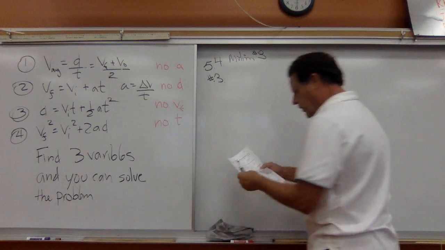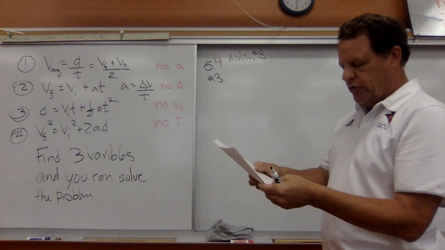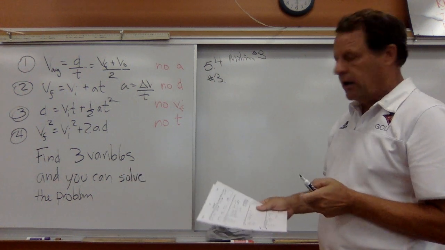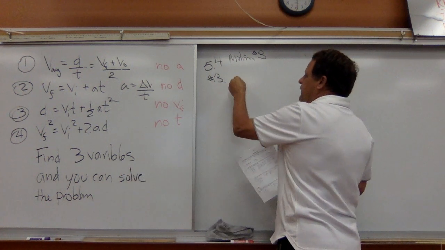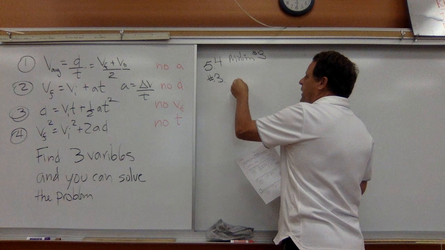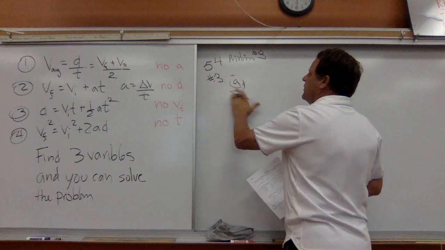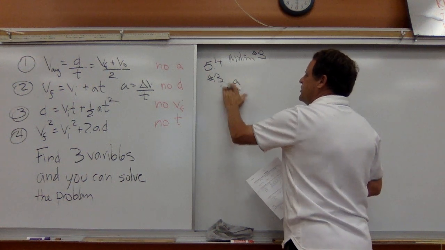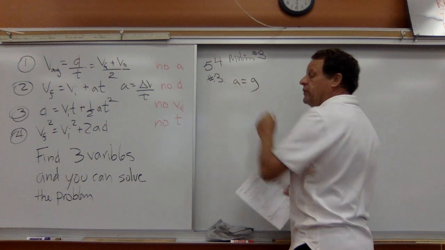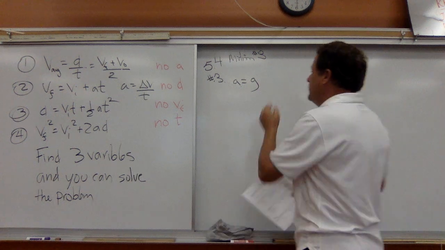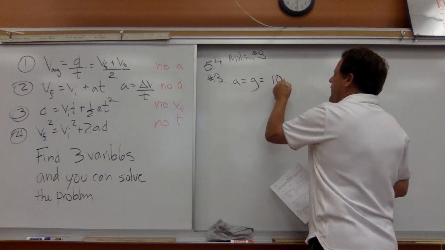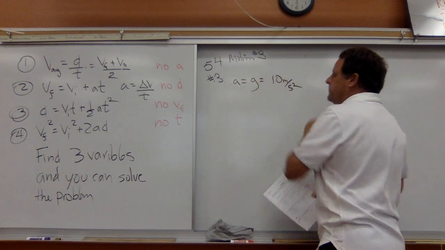All right, so a ball is dropped from the top of the Valhalla gym. Now if you drop a ball near the surface of the earth, you know that the acceleration is equal to the acceleration due to gravity, which is equal to 10 meters per second squared.